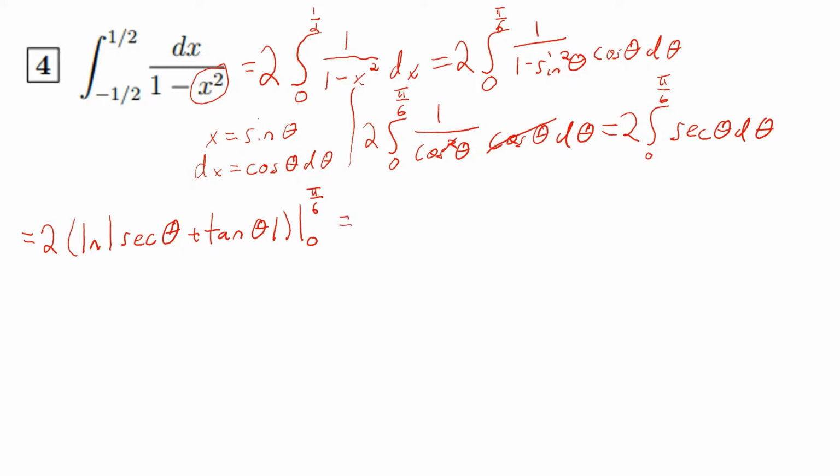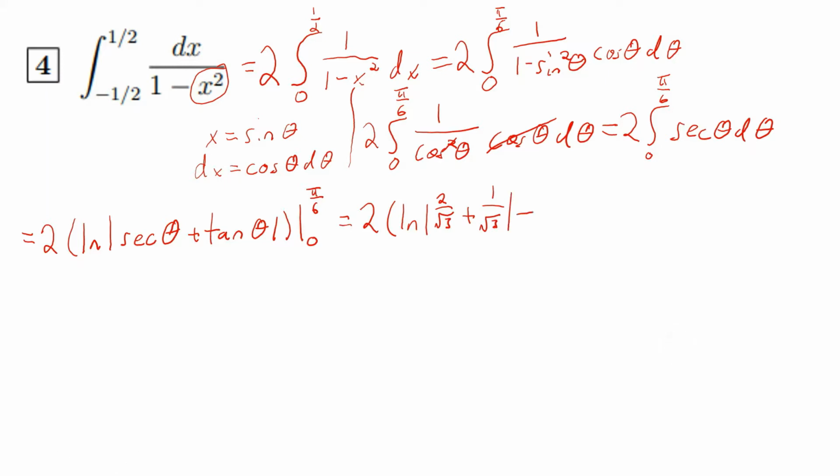So 2 on the outside still, ln of secant of pi over 6, which is 1 over cosine of pi over 6. We know that cosine of pi over 6 is root 3 over 2, so the reciprocal of that is 2 over root 3. Then we add tan theta, which is defined by sine pi over 6 over cosine pi over 6, which is 1/2 over root 3 over 2, which we can simplify as 1 over root 3.